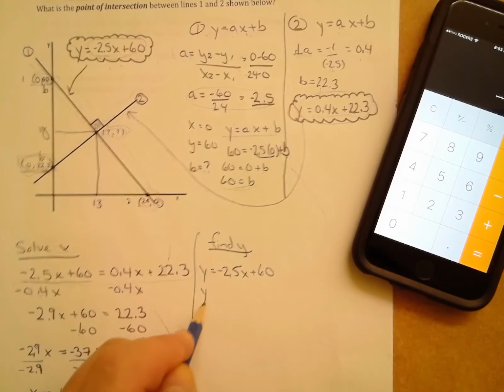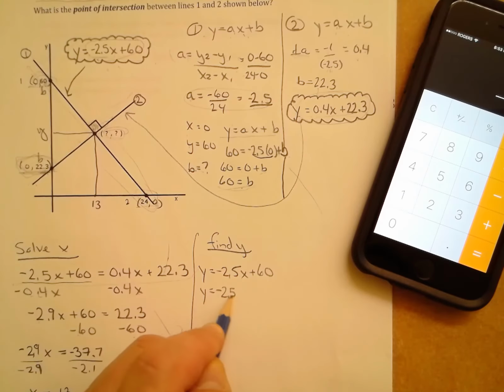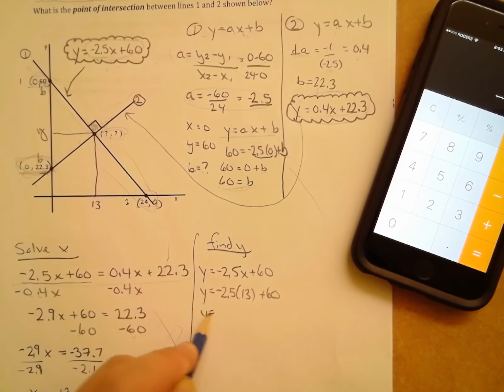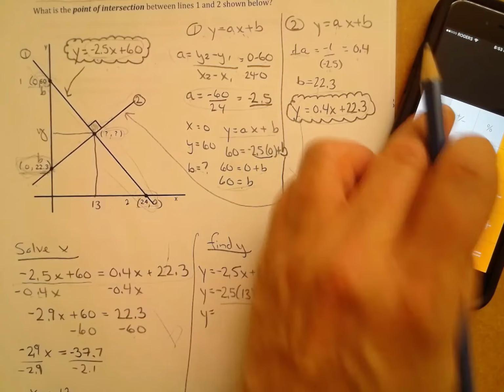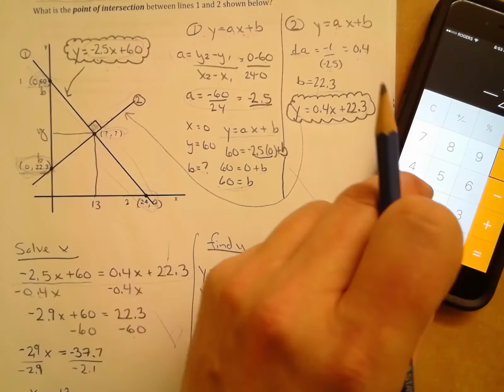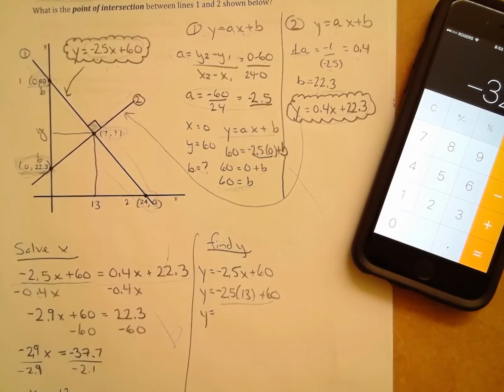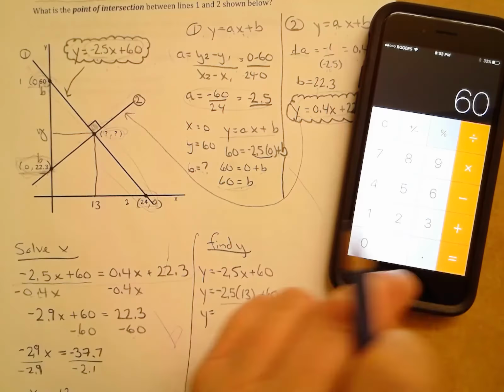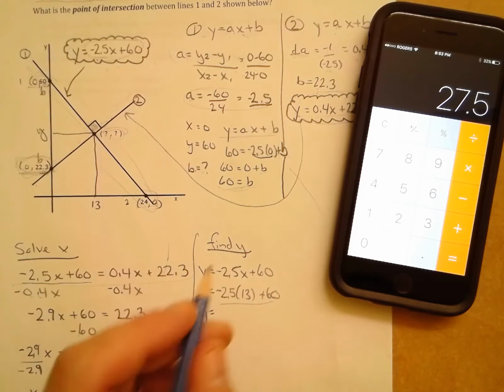We're going to put that x of 13 in there, -2.5 times 13 plus 60. So y is equal to, now you can do this all in one shot on your calculator, -2.5 times 13 plus 60 is equal to 27.5.